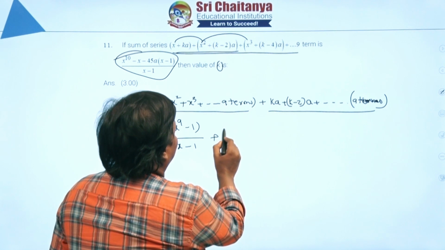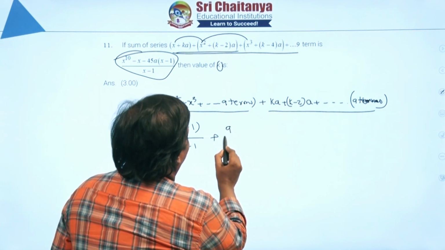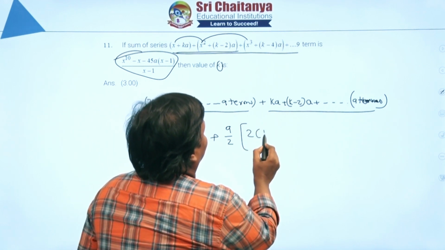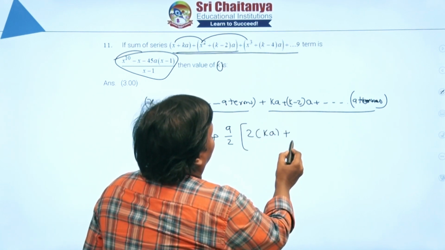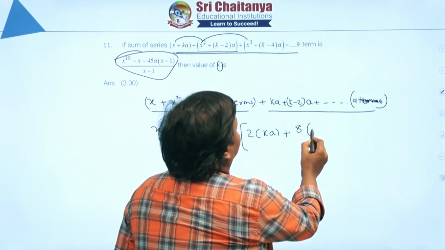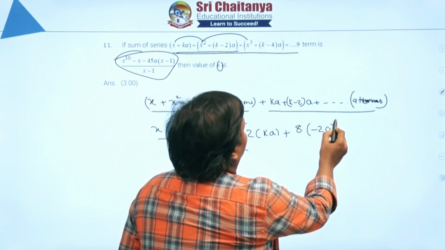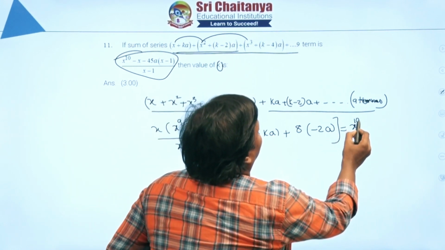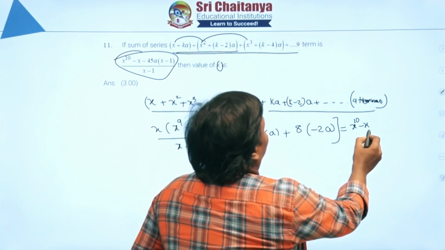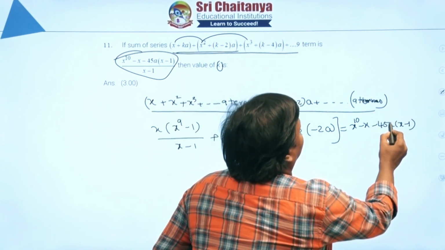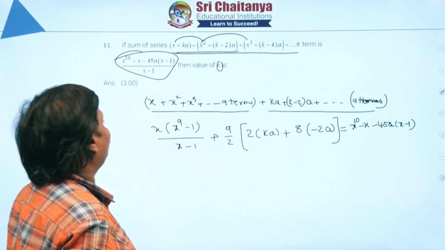So, using the sum of 9 terms formula in AP, you can write it as 9 by 2 into (2 times first term Ka, plus 9 minus 1 which is 8, times difference minus 2a). This value he gave as (x power 10 minus x minus 45a) into (x minus 1). So, we have to simplify now.